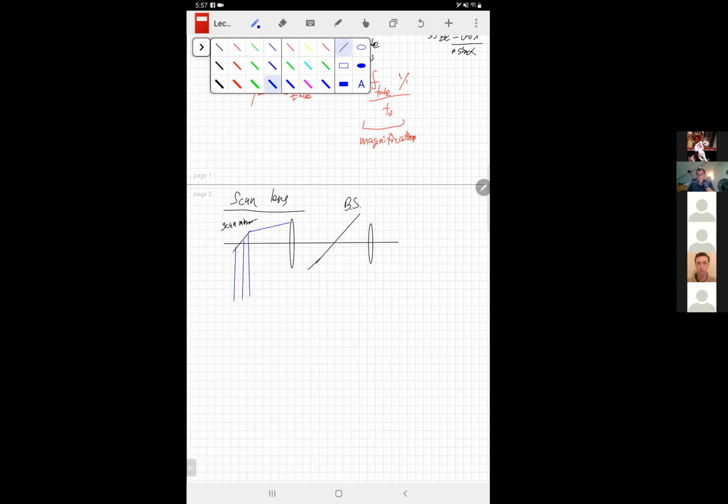And then whatever angle it hits this at, and I should really draw it wider so that we can send more light onto it, whatever angle it hits this at, that will determine, we'll call this theta. It will get focused over here, a distance y off.